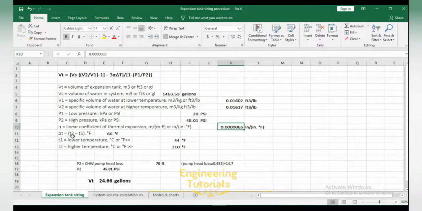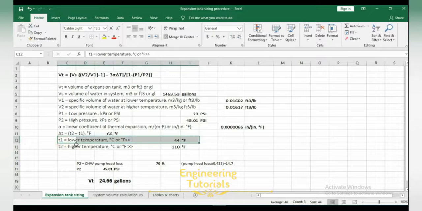Delta T is equal to the higher temperature minus the lower temperature, and this is 66 degrees Fahrenheit. T1 is the lower temperature, T2 is the higher temperature. Now what is the lower temperature? T1 is basically our chilled water supply temperature, that is 44 degrees Fahrenheit. And T2 is the higher temperature, or our ambient temperature at the location I am working on.